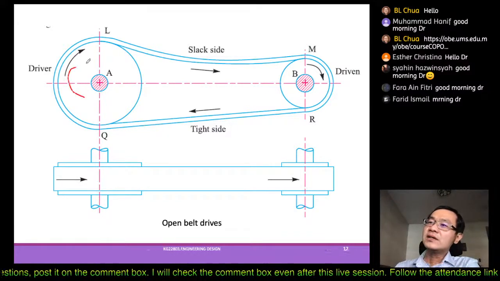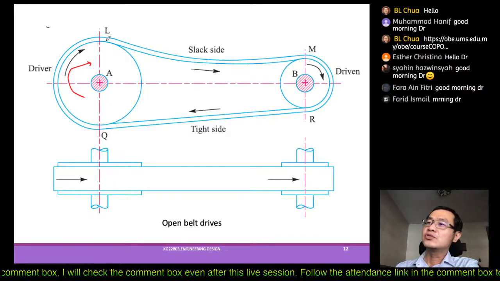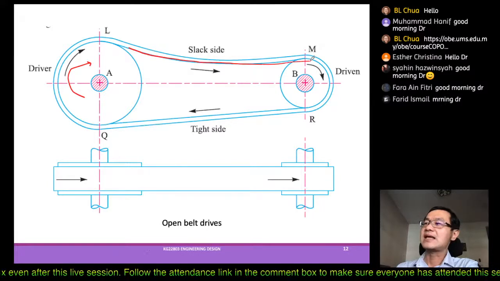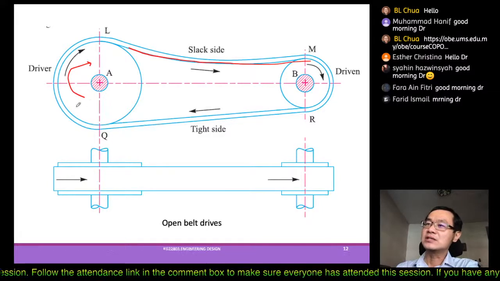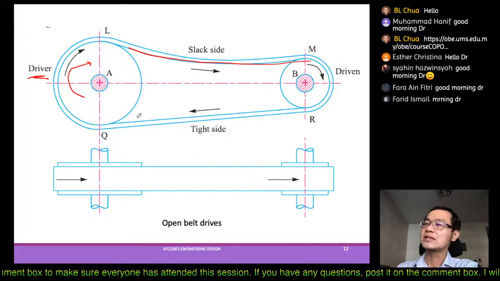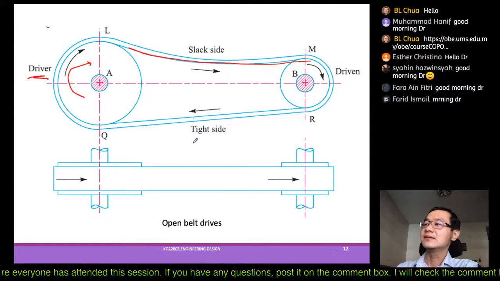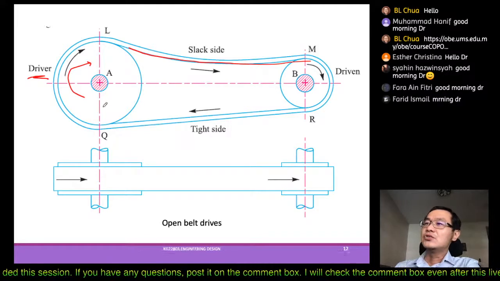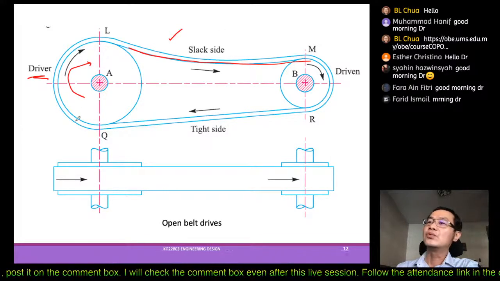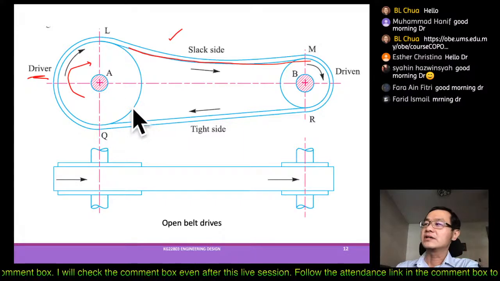When we drive it in this direction, it will throw the belt over here, and this becomes the slack side. Whereas because this is the driving side, it will keep pulling, so this side will be the tight side. But if you want to have a tight side on the top, then you have to pull on the reverse side.